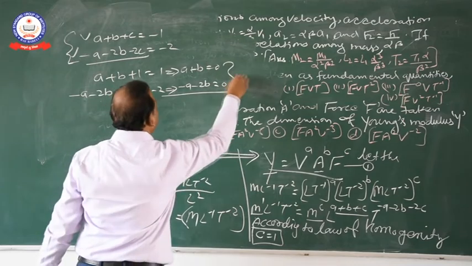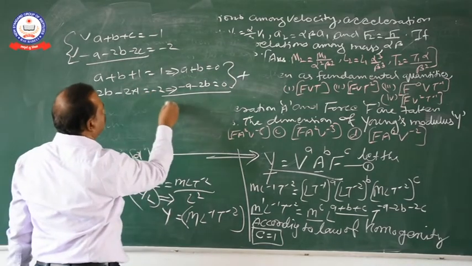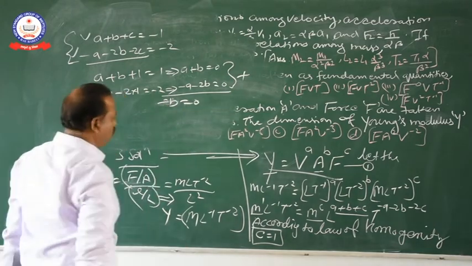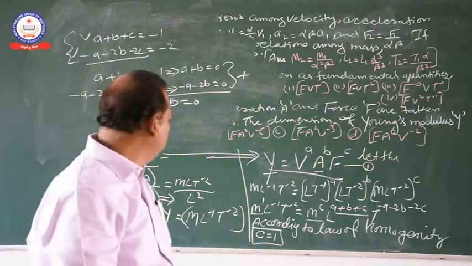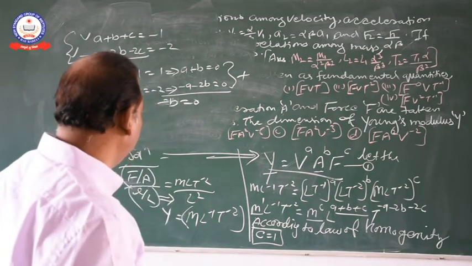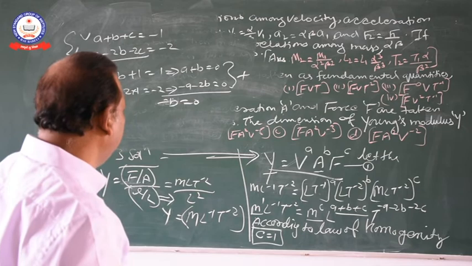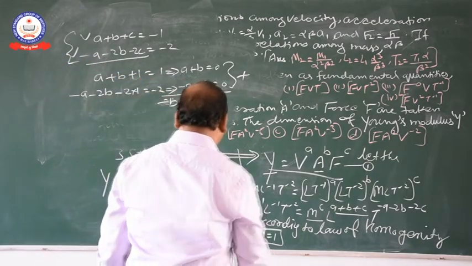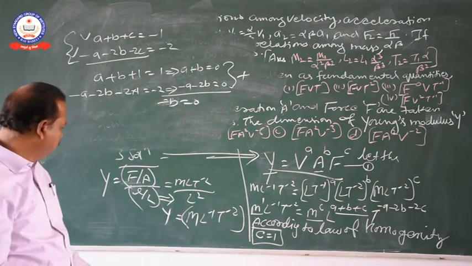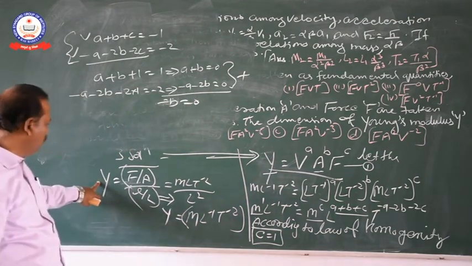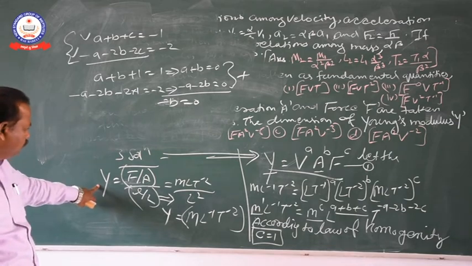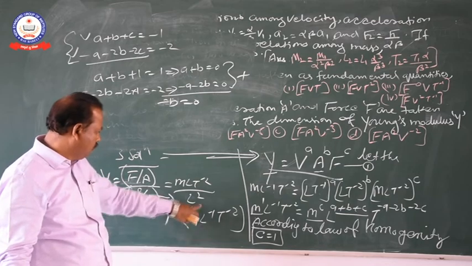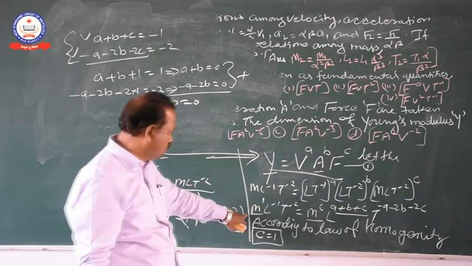By adding both, minus 2b minus b is equal to 0, b is 0, means a does not depend. No. Something missing? The dimensional formula of F is M L T raised to power minus 2.